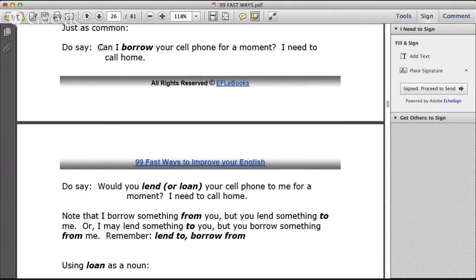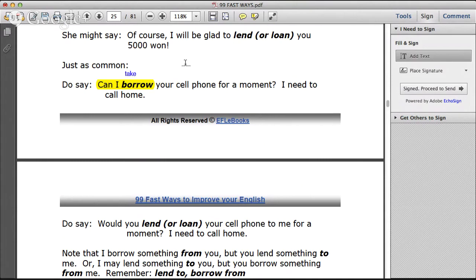With borrow, can I take your cell phone? When you think of borrow, think of take. If that helps you out, can I take your cell phone from you for a moment?